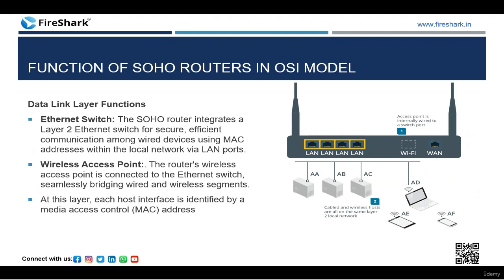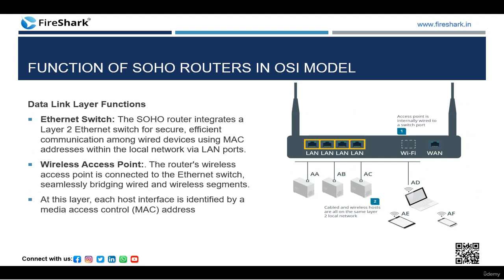Suppose a device wants to send data to another device on the same local network. The Ethernet switch uses the MAC address to forward the data only to the specific device, rather than broadcasting it to all the connected devices.